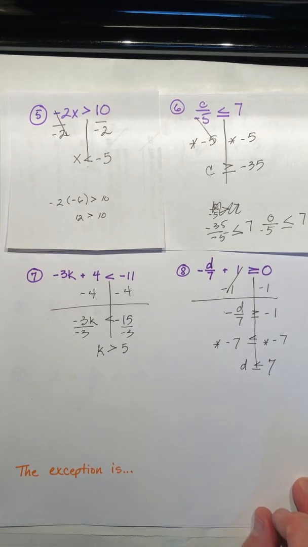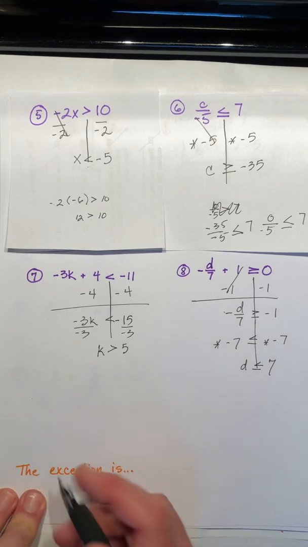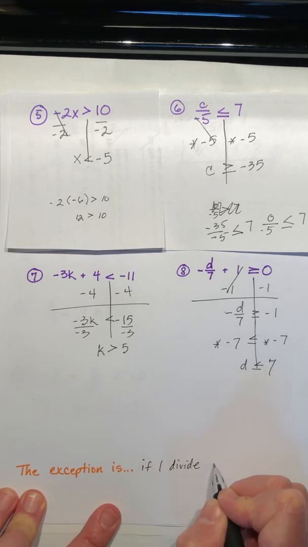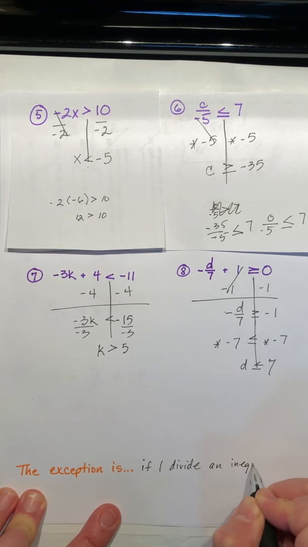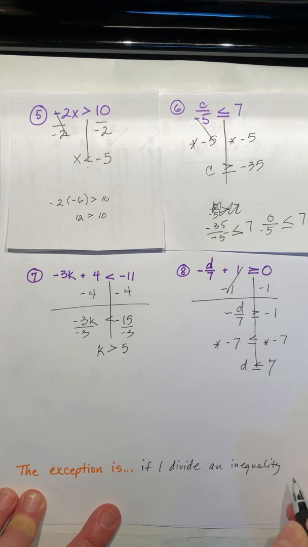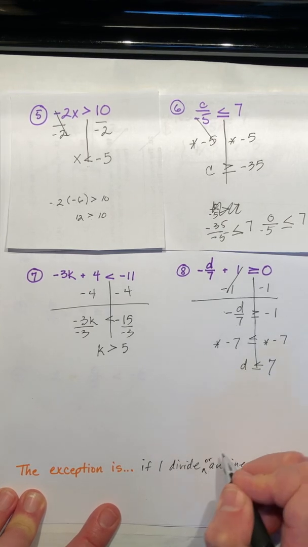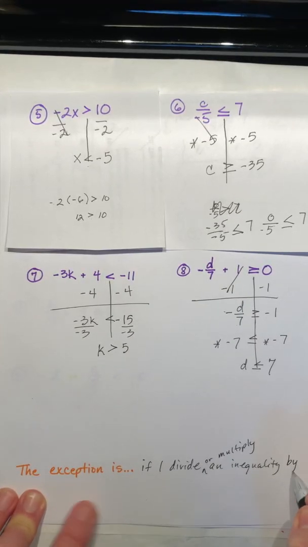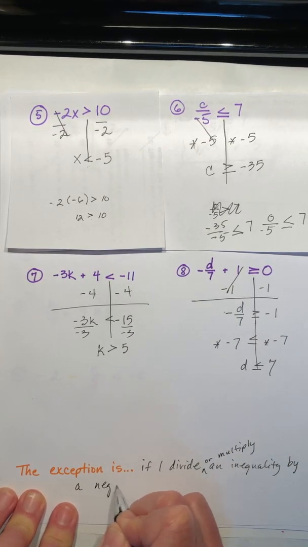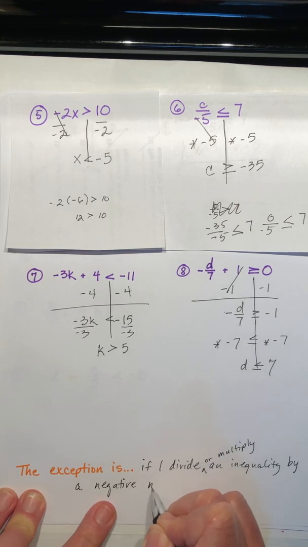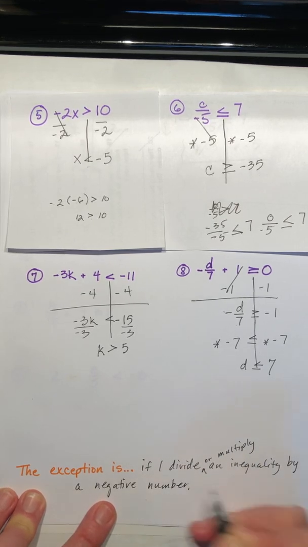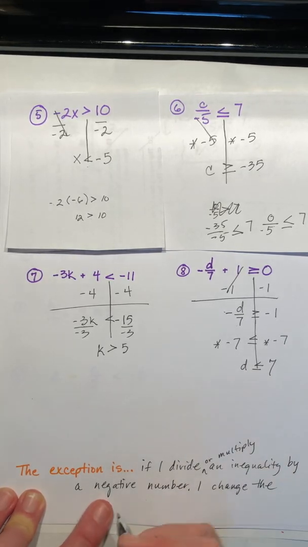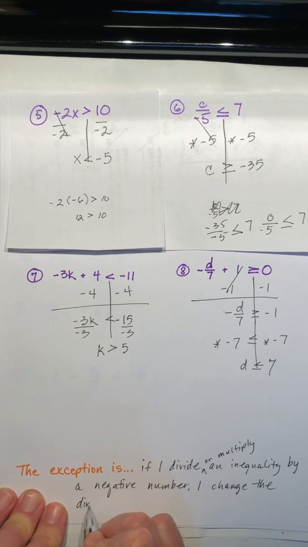So the exception is, if I divide or multiply an inequality, you're writing this with me, if I divide or multiply by a negative number, I change the direction of the inequality symbol.